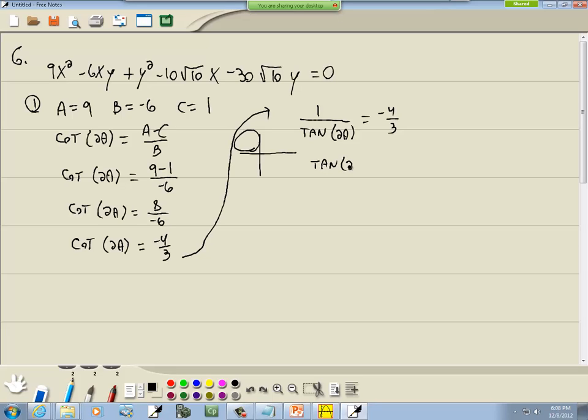So it becomes tangent 2 theta over 1 is equal to 3 over negative 4. So then 2 theta, this is obviously not on our unit circle, so there's no use to even look. Our 2 theta is equal to inverse tangent, or arctangent, if you learned it that way, of negative 3/4.